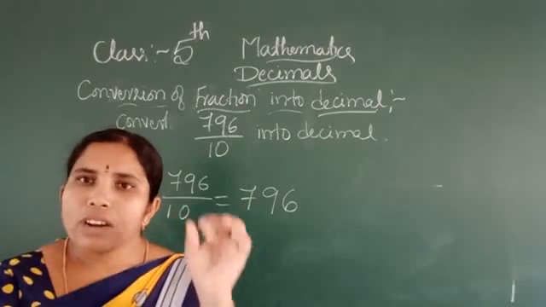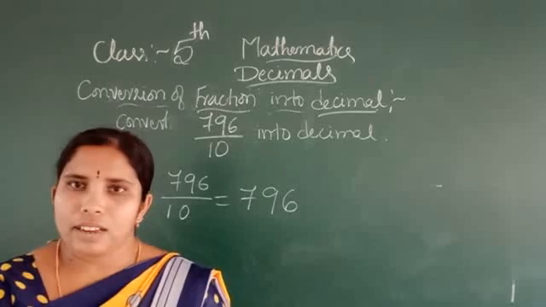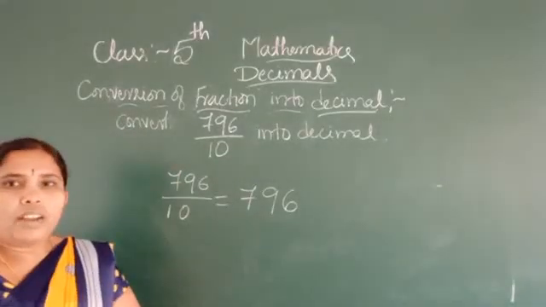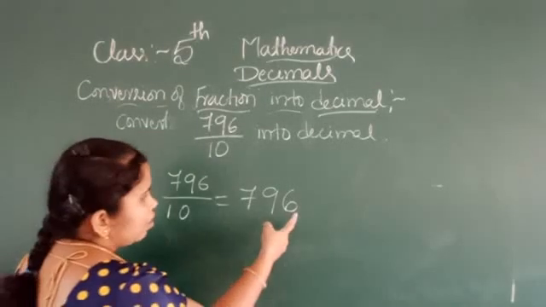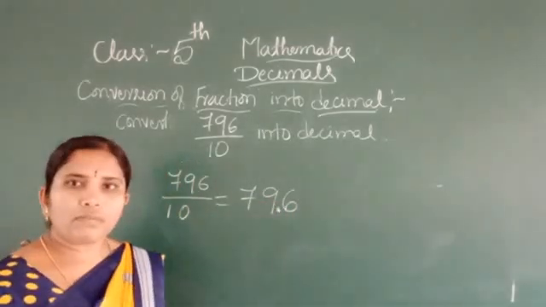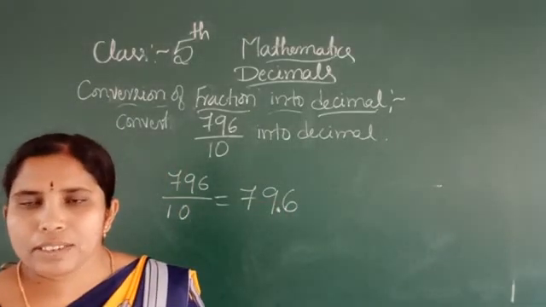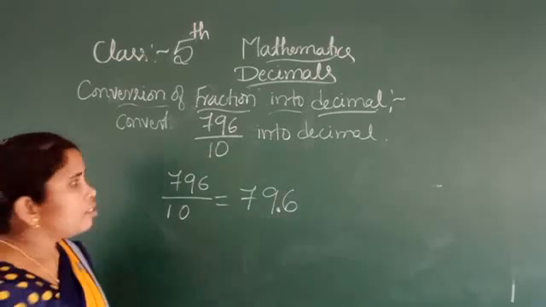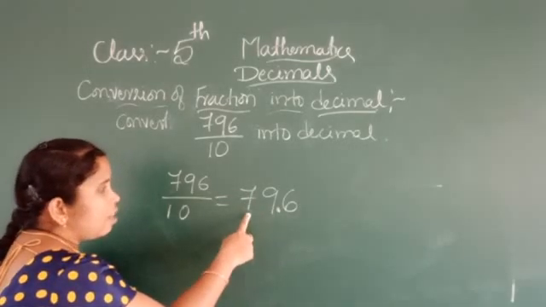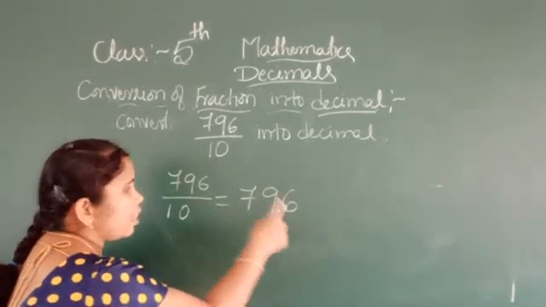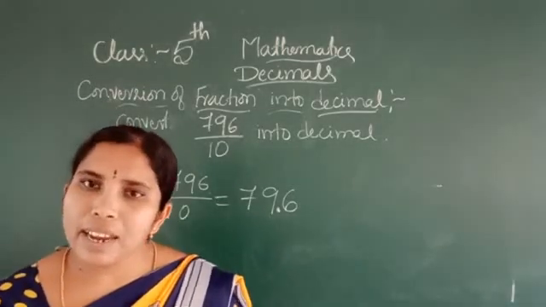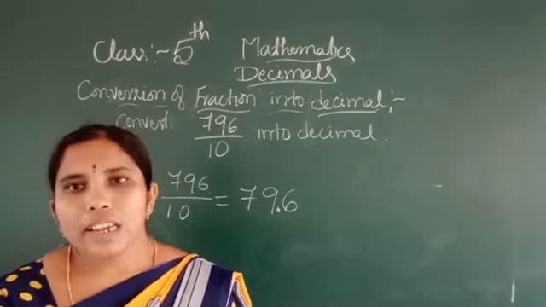You count from the right side. Put the decimal point after 1 digit. Are you understand? So the decimal form of 796 by 10 is 79.6. Here 79 is the whole number, 6 is the fractional part.